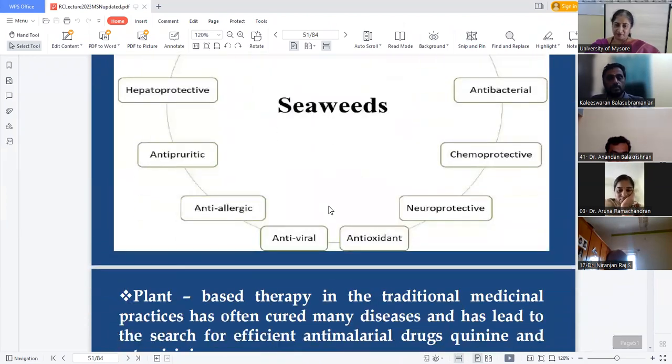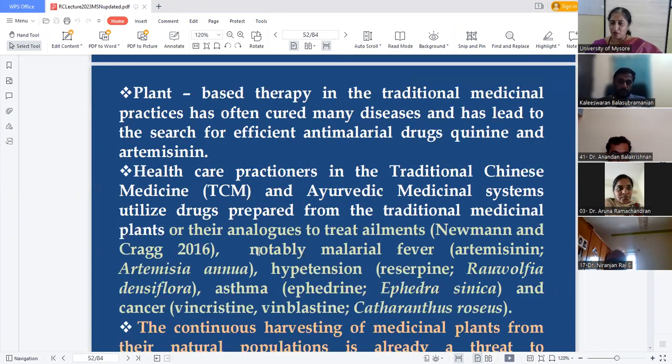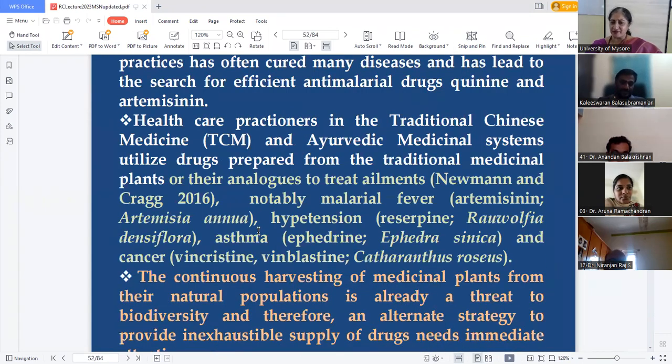So that's why we now have plants as one group of organisms which can have therapeutic effects, with the advent of several new drugs that have been employed for therapy, whether anti-malarial, anti-cancer, etc. And health practitioners who practice the Ayurvedic medicinal system, as well as the traditional Chinese medicinal system, do employ many of the plants with ethnopharmacological background to treat several diseases.